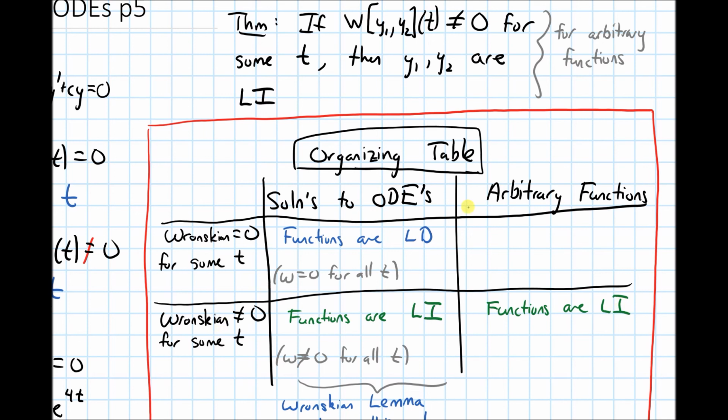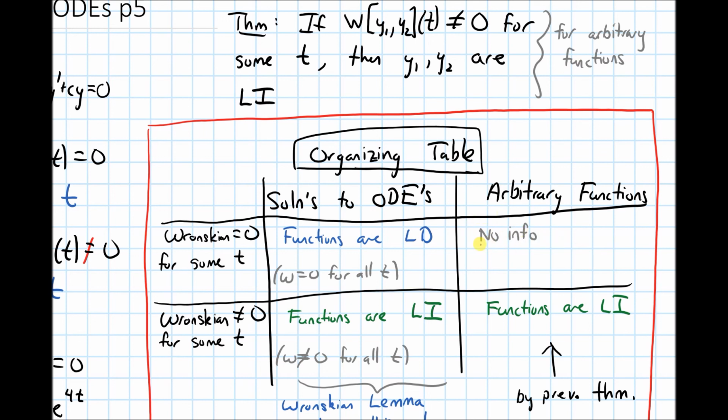So even if they're arbitrary functions, as long as the Wronskian is not 0 for some value of t, they are going to be linearly independent. So this is true by the previous theorem. But when we have arbitrary functions and the Wronskian is 0 for some value of t, that gives us no information.